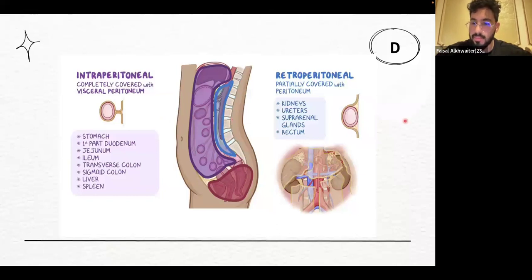So let me show you something. I want to explain the peritoneum quickly and simply.